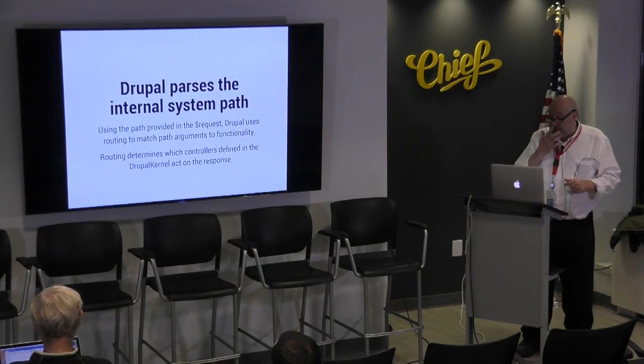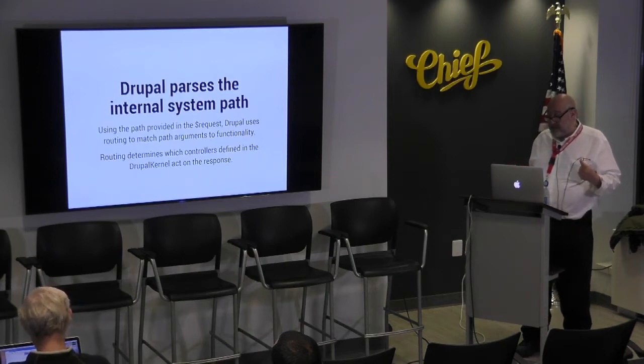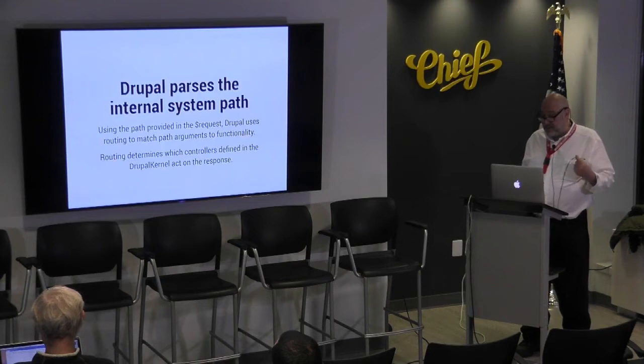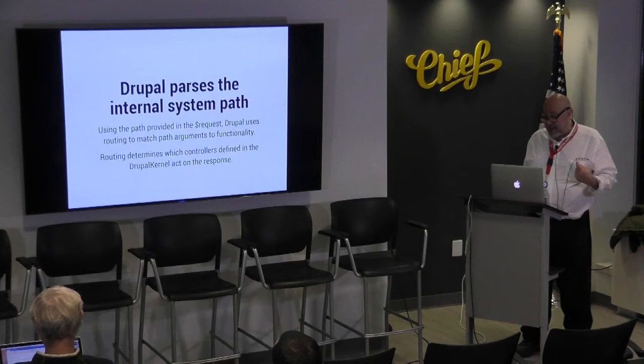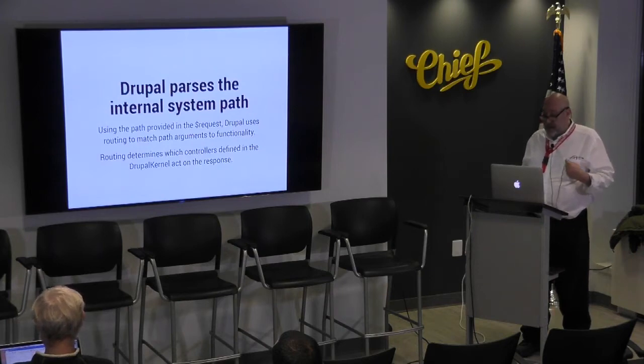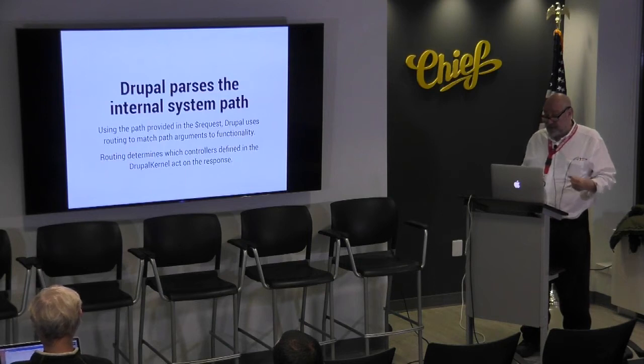Okay, so from this, Drupal parses the internal system path. This is where the magic really starts to happen, because now this path, which is converted to a number, can be passed to the database and content can be loaded, which is the first part of satisfying that request.